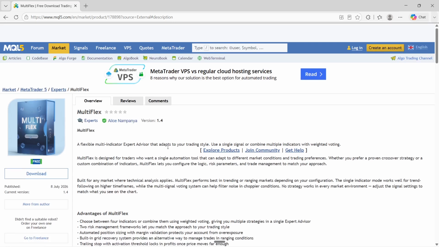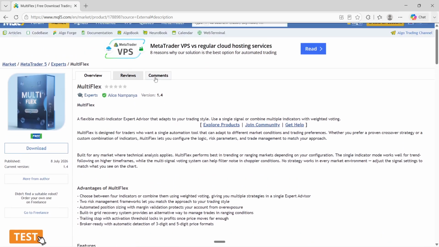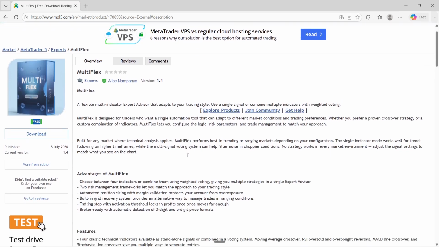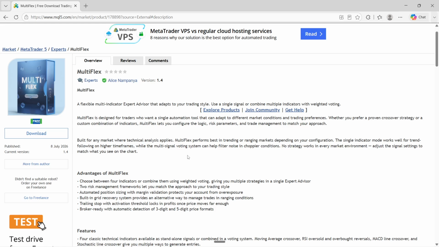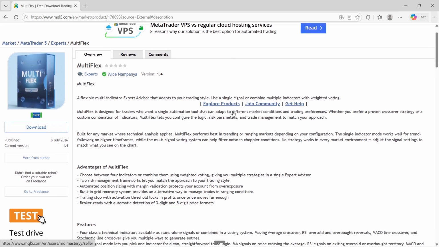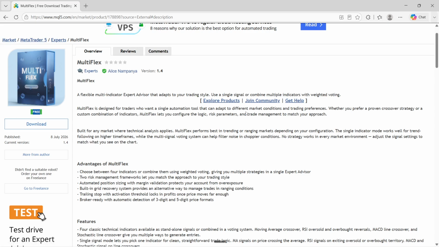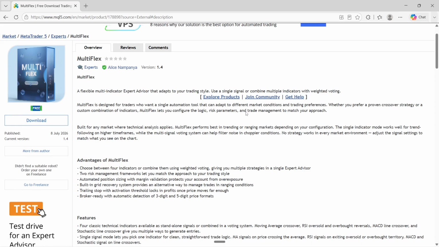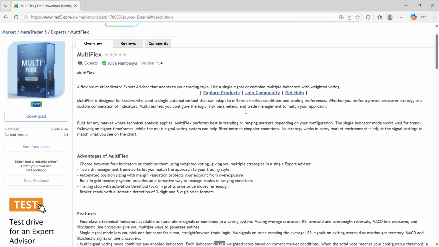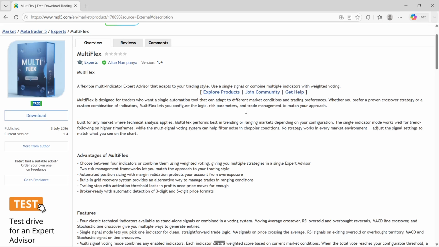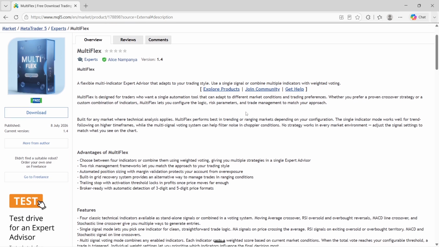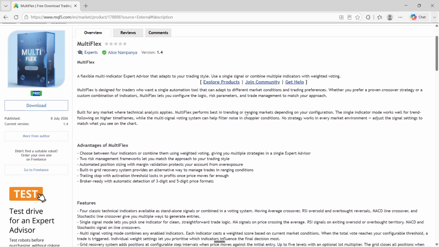And if we open this, we'll see on the MQL5 page that the Multiflex is designed as a single automation tool that can adapt to different trading preferences. It offers four classic technical indicators: moving average crossover, RSI oversold/overbought, the MACD line crossover, and stochastic line crossover that can be used alone or combined through a weighted voting system.